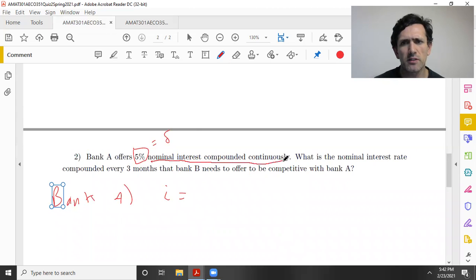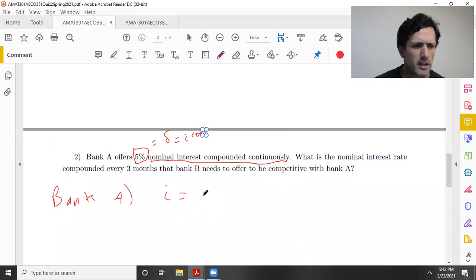That's what delta is, or I infinity, if you prefer. Some people wrote down the limit definition of I infinity. That's completely unnecessary.